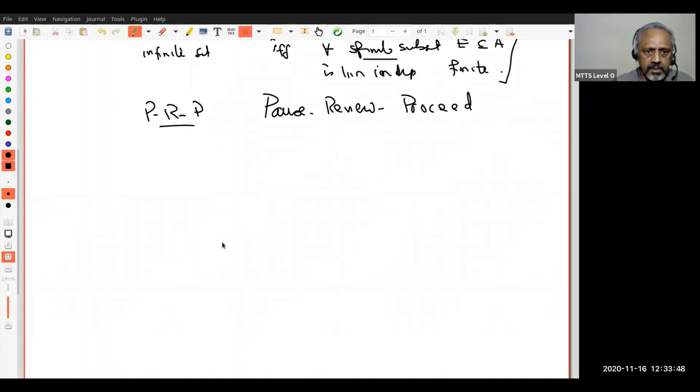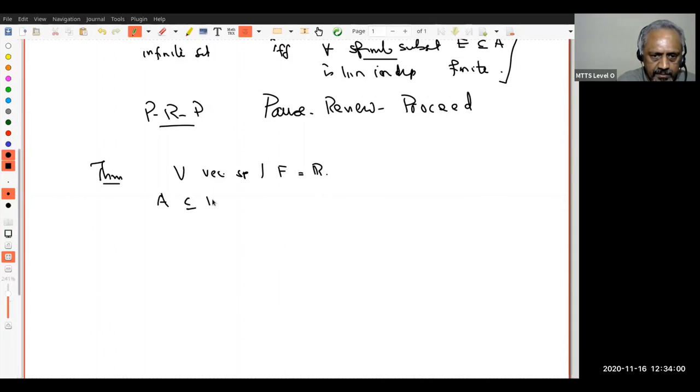So what we want to prove is the following theorem. V is a vector space over a field, possibly we will take it as R. Let A be a linearly independent set.